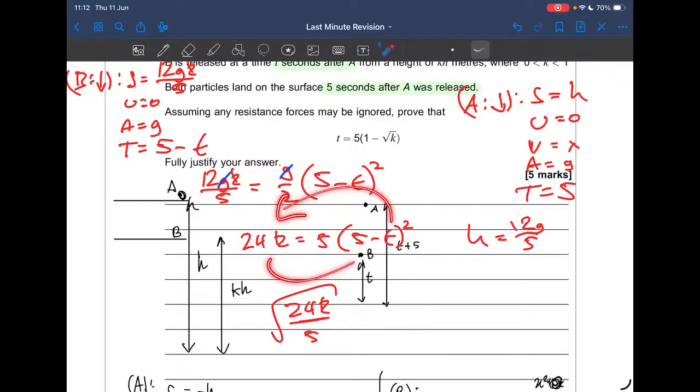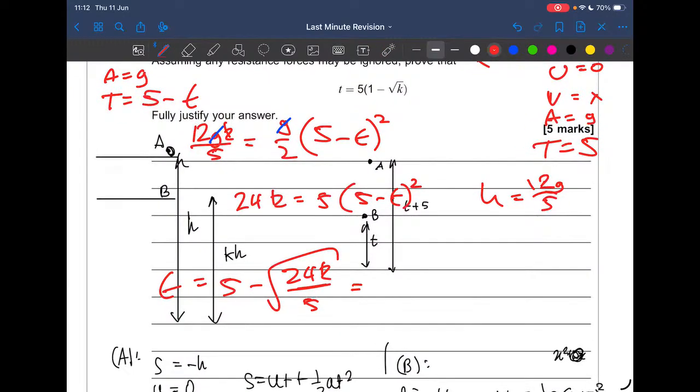Add the t and then take this away from 5. We should have 5 minus that thing is t. Doesn't seem so nice, but let's try and expand some brackets, see if bits pop out. I wonder if some numbers are just wrong somewhere. So 5 minus root of 24, okay, lots of times by root k over root 5. What is 24 on 5, all rooted?